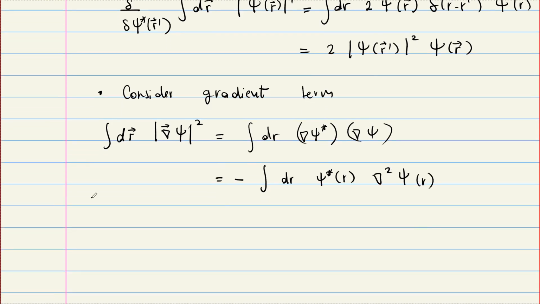Now I can take ∂/∂psi star of r prime of this thing, and this automatically gives me a delta function, and there's a minus. This is minus gradient squared psi of r prime. Good.